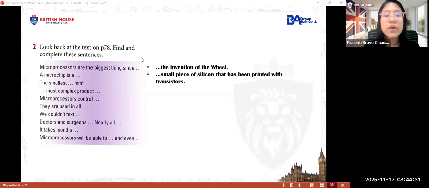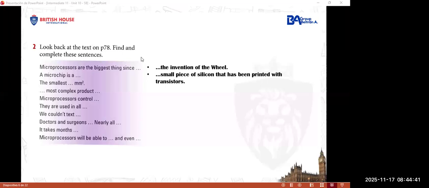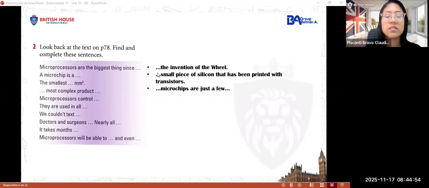Now let's continue, Abigail. What about the smallest? The smallest microchips are just a few square millimeters. Okay, yes.